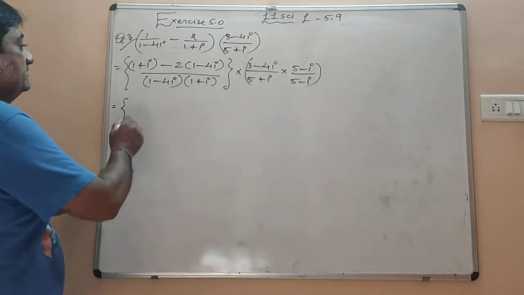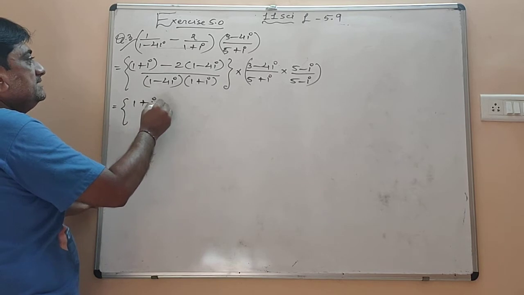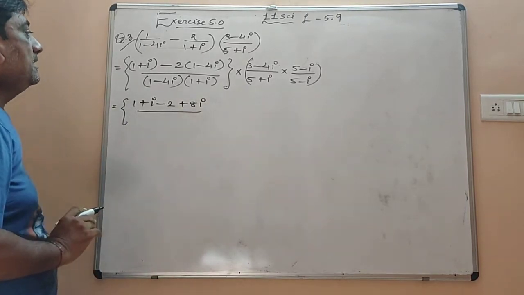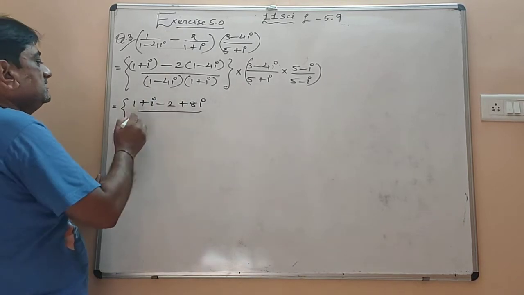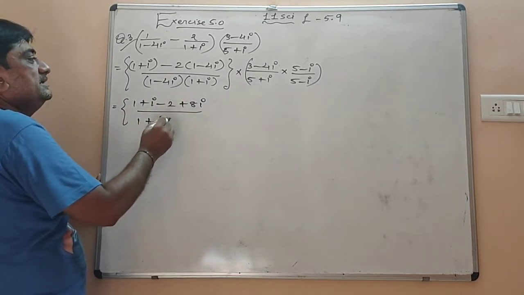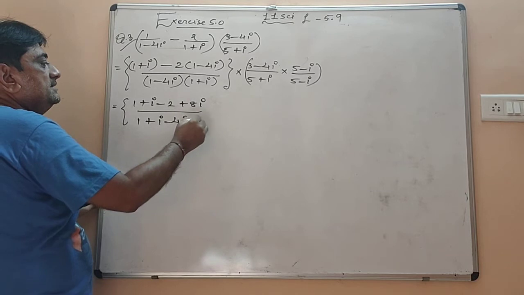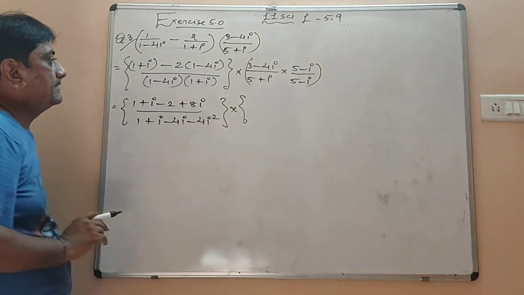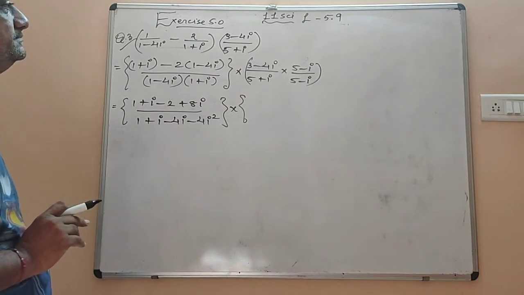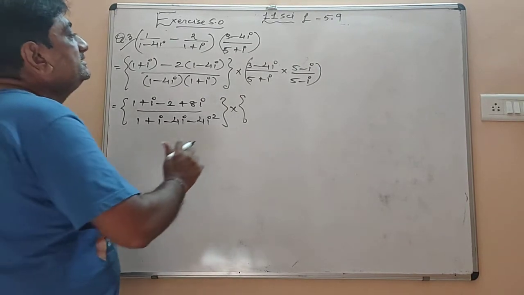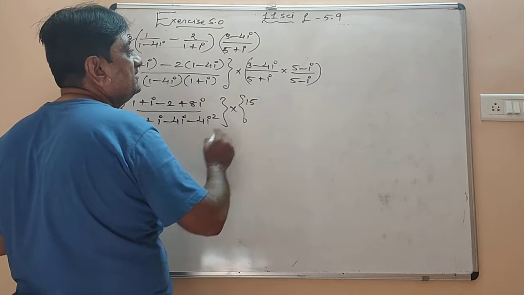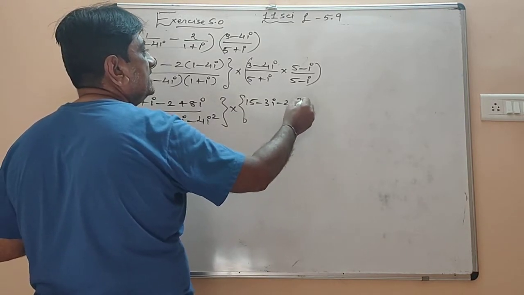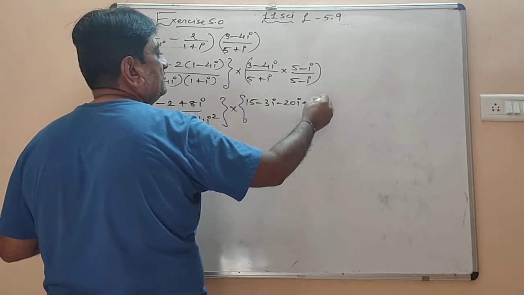अब इसको ब्रैकेट ओपन करो. 1 plus i minus 2 plus 8i upon 1 into 1 is 1 plus i minus 4i minus 4i square. और यहाँ पे 3 into 5 15 minus 3i minus 20i plus 4i square.